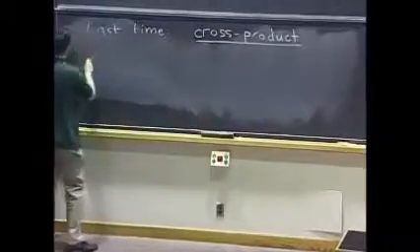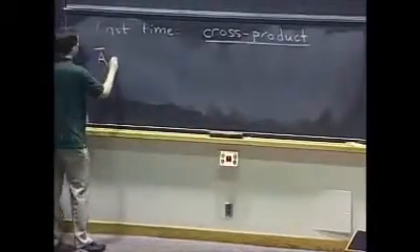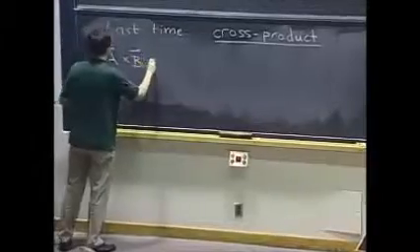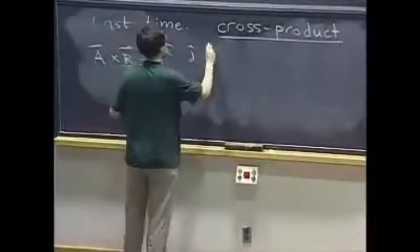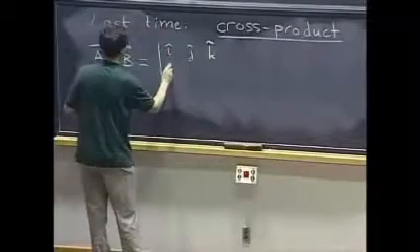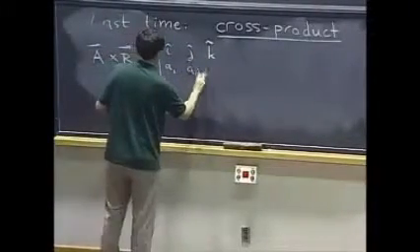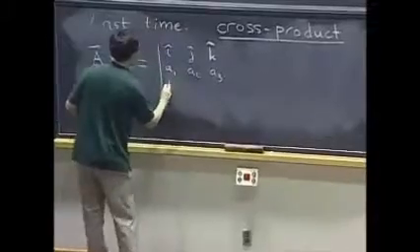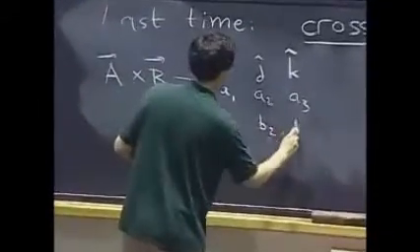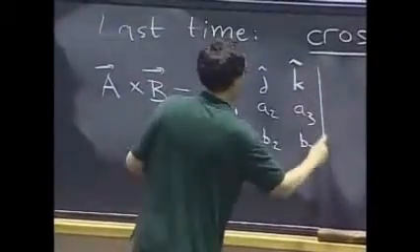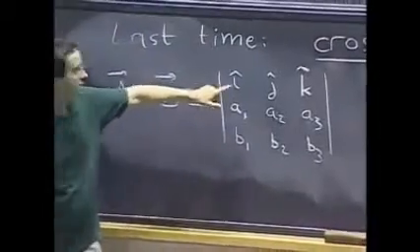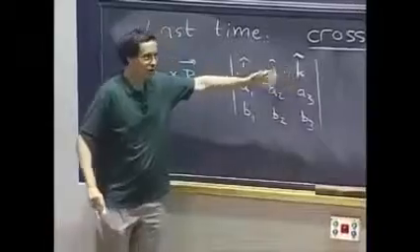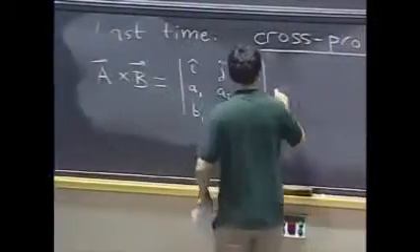The definition of cross product is in terms of this determinant: i hat, j hat, k hat, then the components of A, A1, A2, A3, and then the components of B. This is not an actual determinant because these are not numbers, but it's a symbolic notation to remember what the actual formula is.